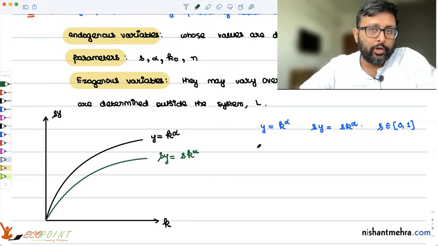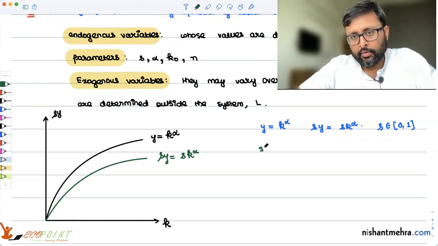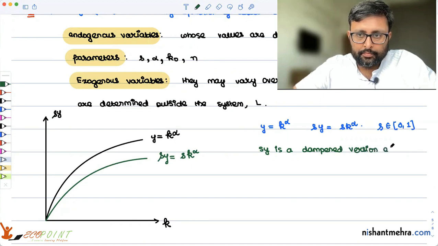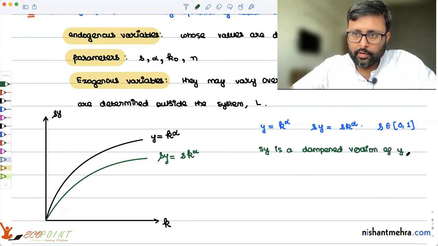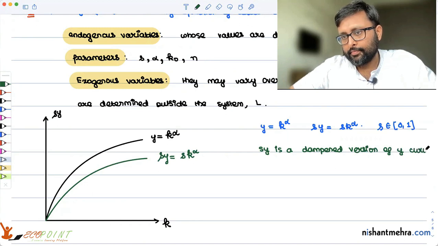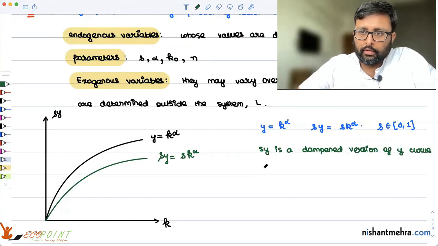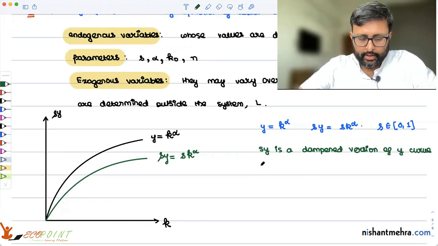And this is a dampened version of the small y equals k to the power alpha curve. s small y is a dampened version of the small y curve, right?